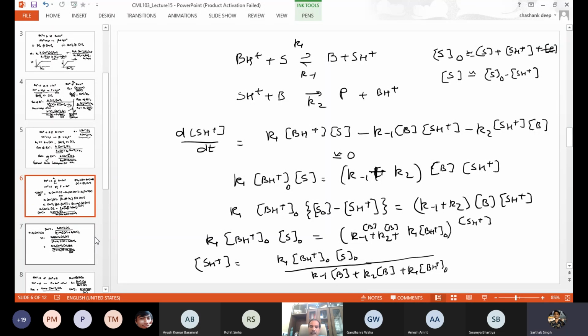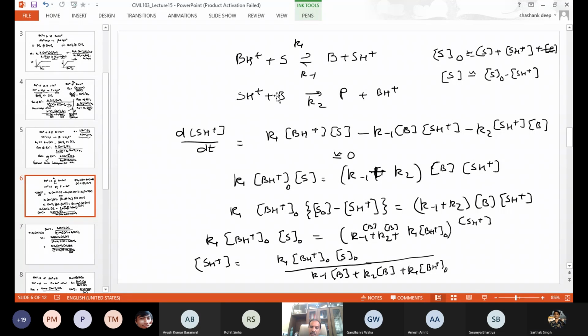So, just 1 minute. In specific acid catalysis, it is necessary that the second reaction is the slow step, right? Yes, the second reaction is the slow step and water is involved. Please keep that in mind.